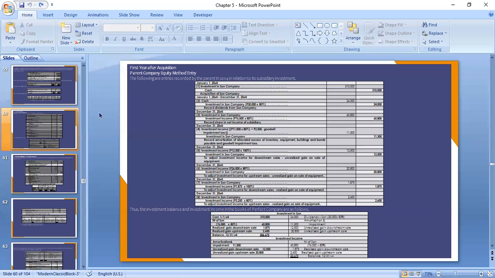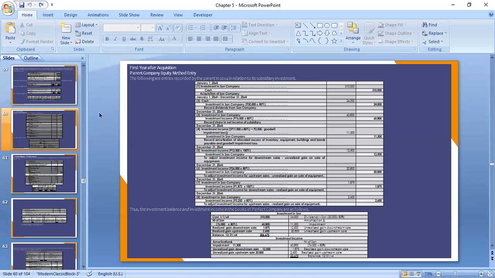Now, if unrealized, you debit investment income and credit investment in subsidiary. Okay?